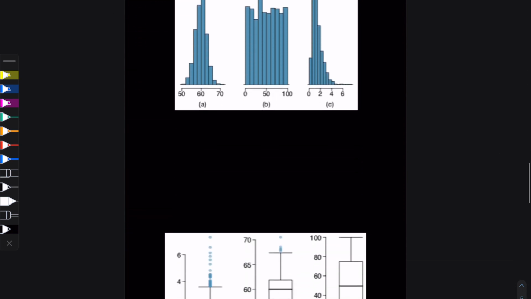Okay, so this next one asks us to match each of these graphs to our box plots down here. So we would have regular bar graphs of our data up here, and then these are box plots.